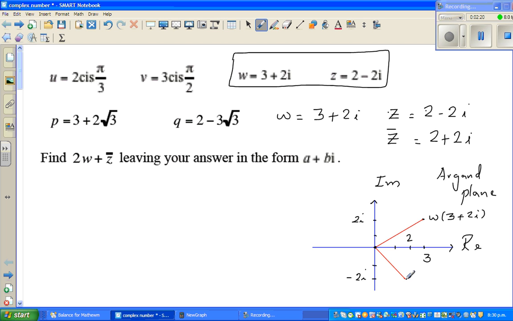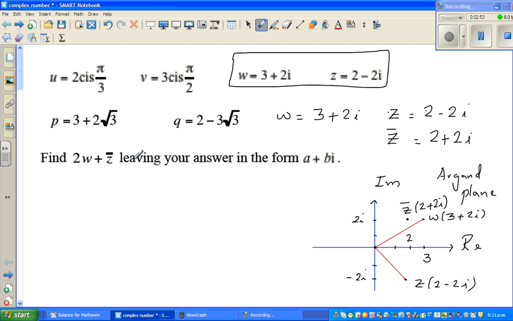So this point is your Z, which is 2 minus 2i. Now the conjugate of Z is the reflection of this point if the real axis is taken as a mirror line. If you reflect this point, it will be 2 plus 2i, sitting here. So this is your Z dash, which is 2 plus 2i. Let me write that.